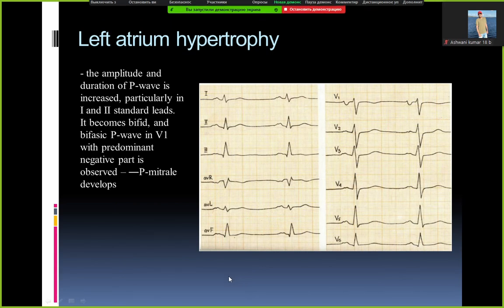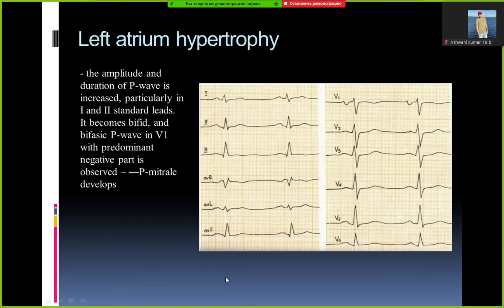Left atrium hypertrophy is characterized by increased duration of P wave, particularly in the first and the second standard leads, and P wave becomes bifid, so it has two tops, like in this example, bifid P wave.